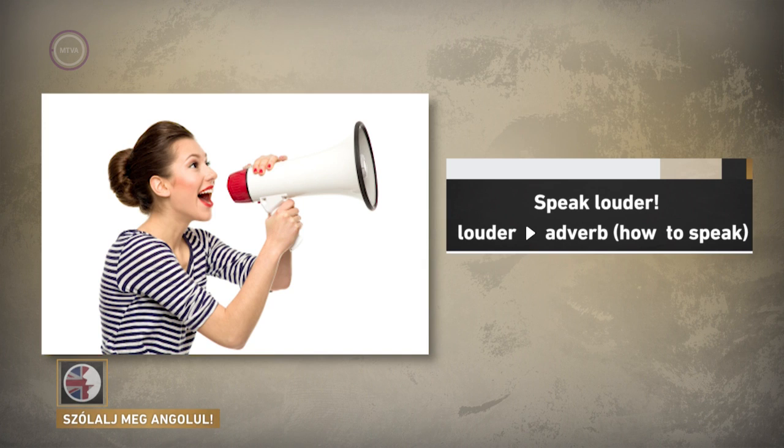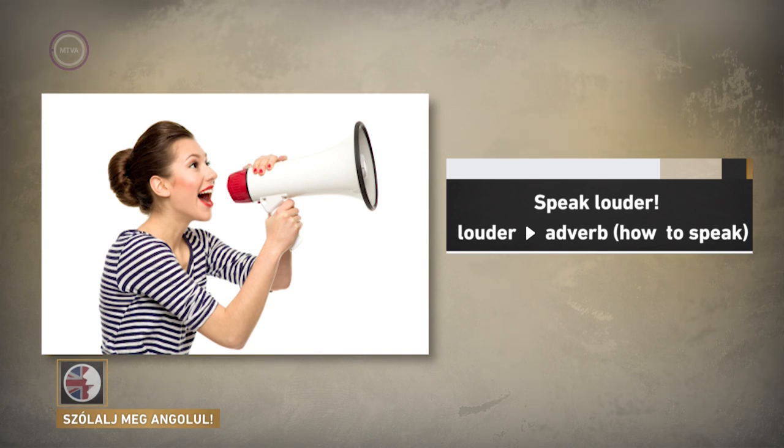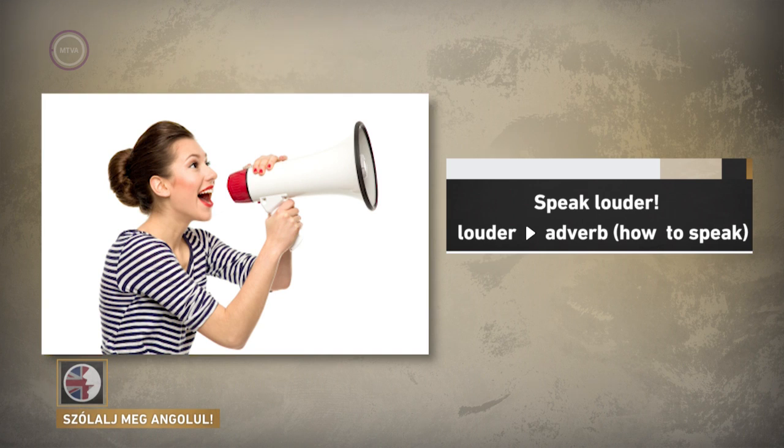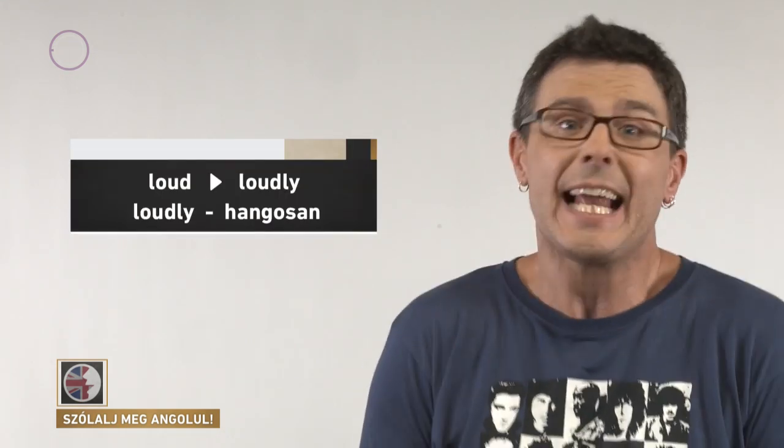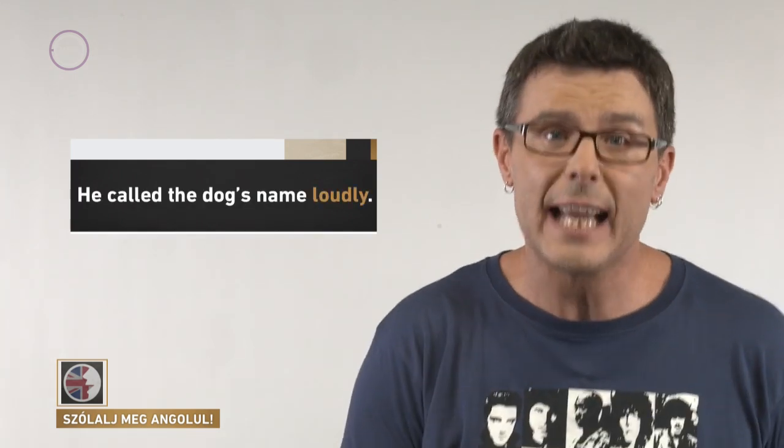I was talking about how to speak. I was using louder as an adverb. We can also use the standard form for adverbs with loud. Do you remember the way we form adverbs? Yes, that's right. With most adjectives, we add ly to the end of the adjective. We do the same with loud. Loud becomes loudly. He called the dog's name loudly.